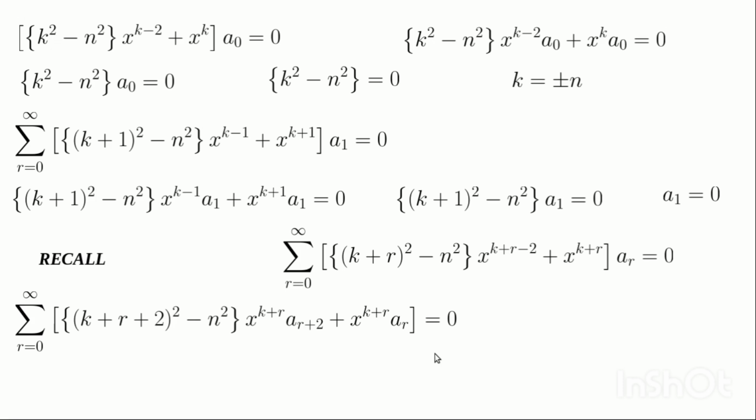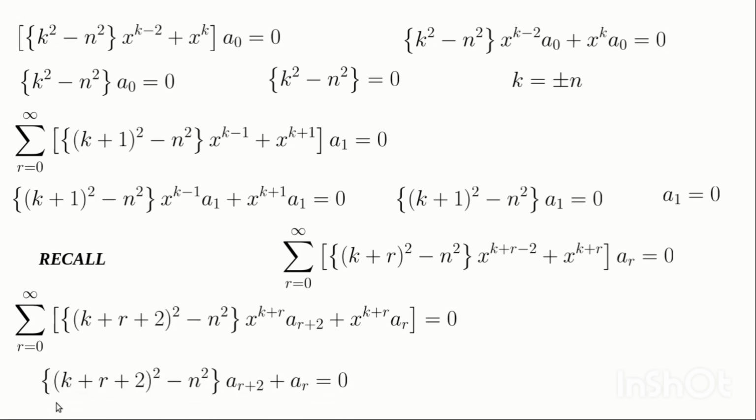And the rth term in any series, as you go further in the series, the coefficient of x^(k+r) tends to be smaller, tends to 0, right? So if we factorize this out, the coefficients a_(r+2) and a_r will definitely be equal to 0, because as you move away from any series, the coefficients of x raised to the power k plus r will definitely tend to 0. So we have this expression.